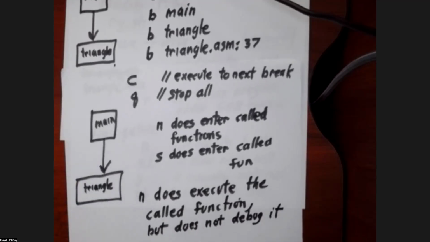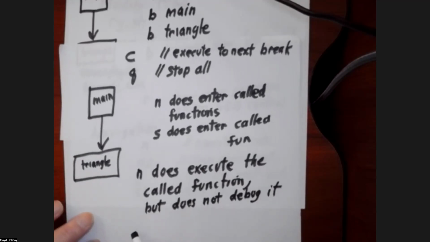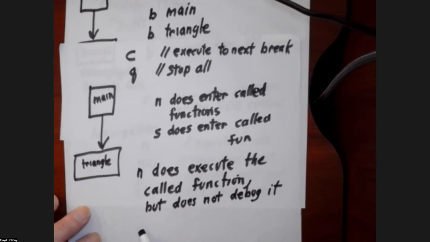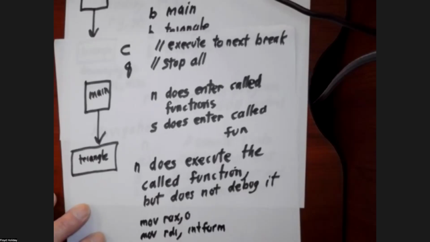Okay, so what does that have to do with the price of cheese on the moon? Just think of printf. Move RAX, 0, move RDI, integer form, move RSI, R15.